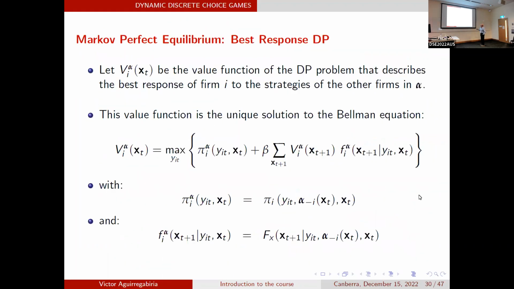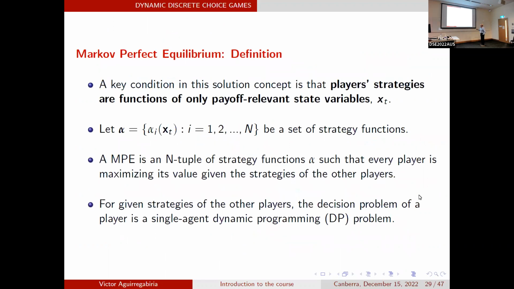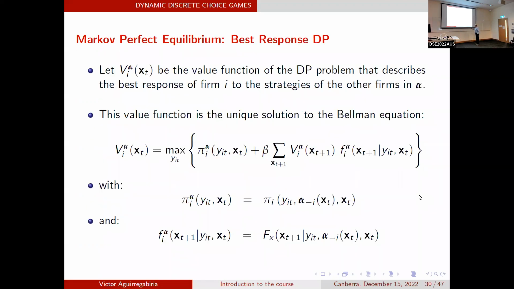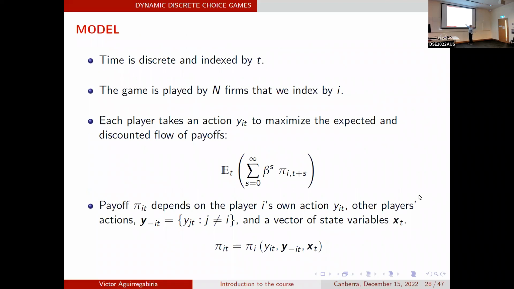Basically, if we go to the payoff function today, I don't know what will be the action of my competitors today. I need to integrate over the probability distribution of my competitors, and I will use the choice probabilities of the competitors.